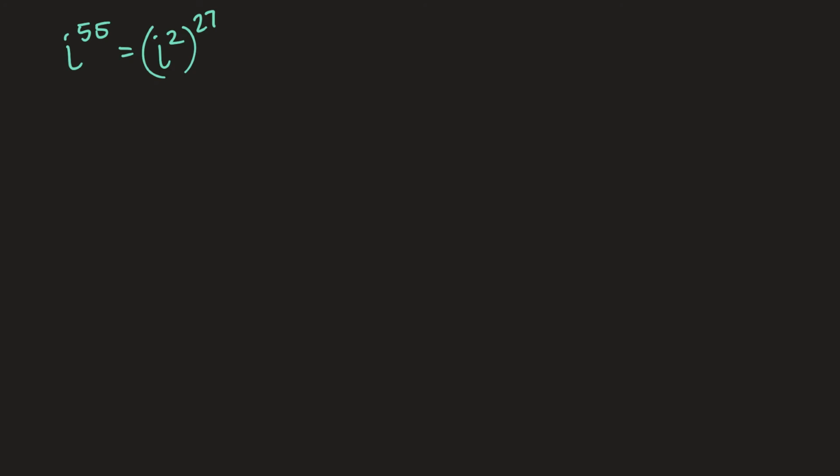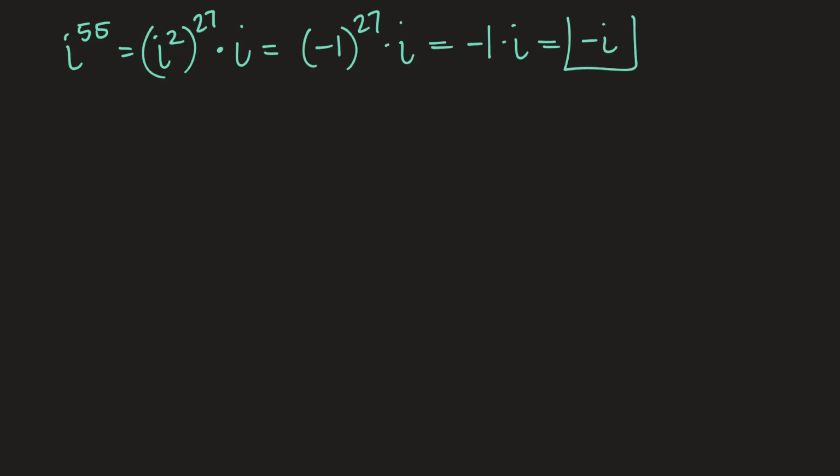So I need one more. So I'm going to multiply by i. So we're going to replace i squared with negative 1 to the 27th times i. So negative 1 to an odd power will be negative 1 times i, which would give me negative i.